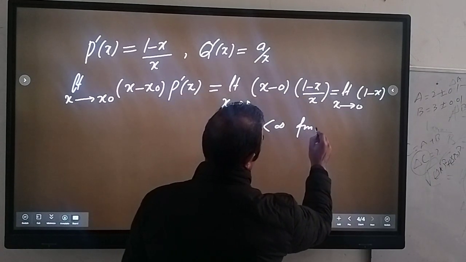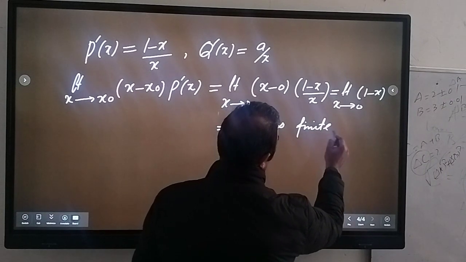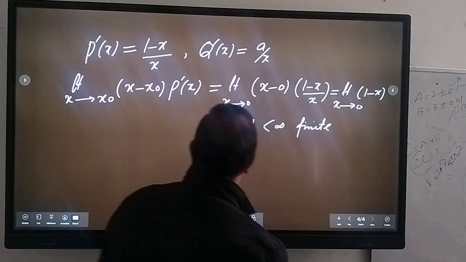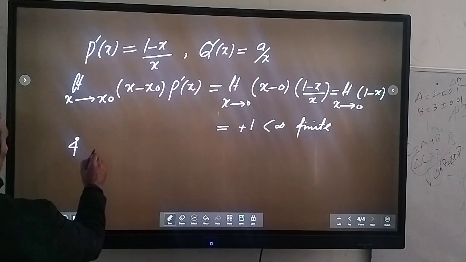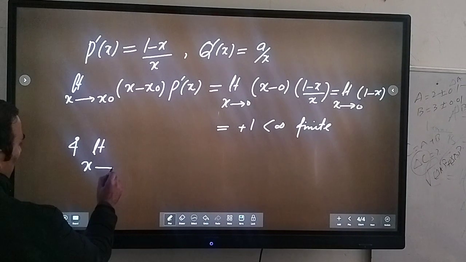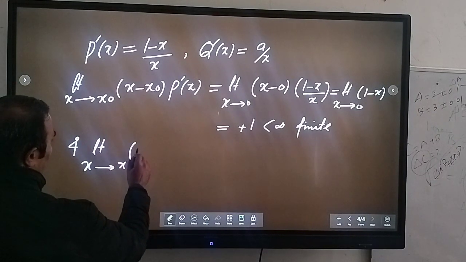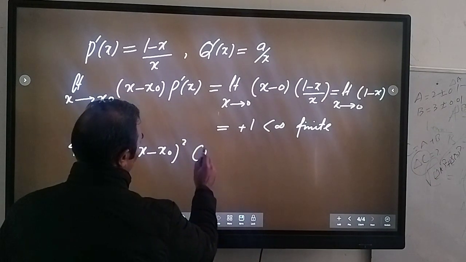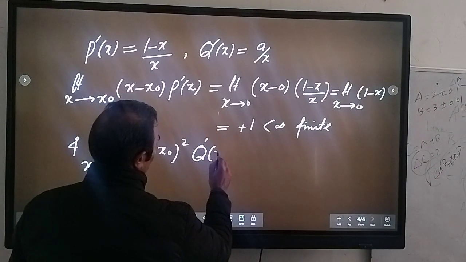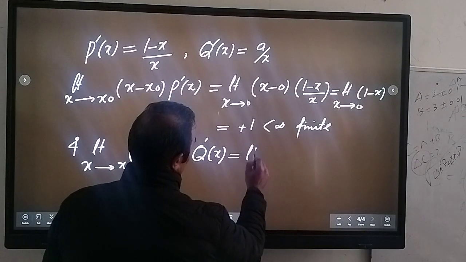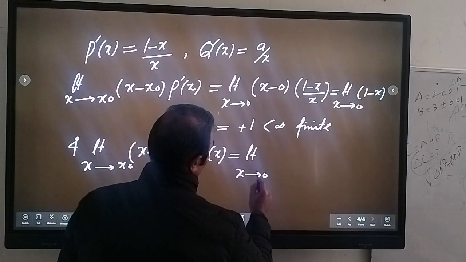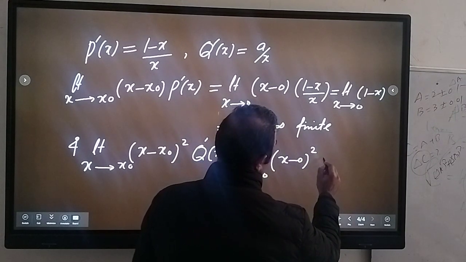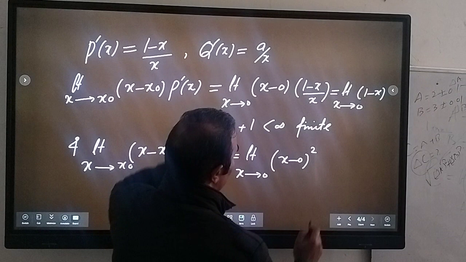That means it has a finite value, because it is plus 1 when you put x equal to 0. Now the second limit is with q dash of x, which is a by x.